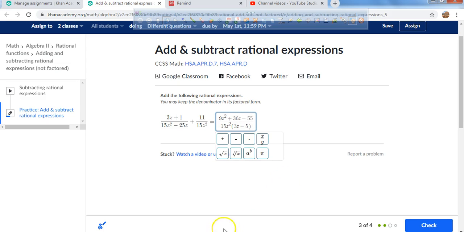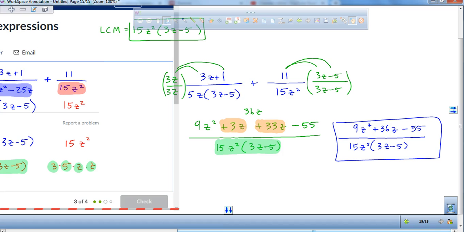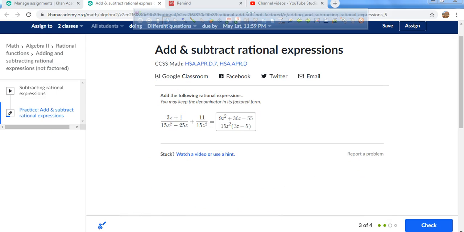All right, take one quick last look. 9z squared. Yep, it's all looking good.